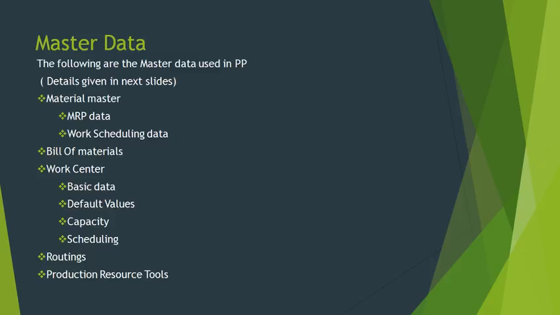Production planning is a combination of planning and manufacturing activity for products to meet the sales requirement. The purpose of production planning is to plan for production of the right quantity of the right material at the right time to satisfy sales requirements and to optimize the capacity utilization.